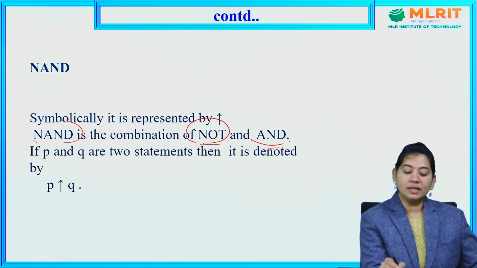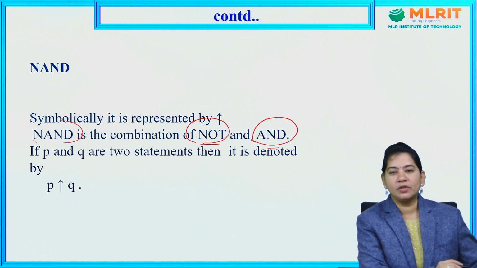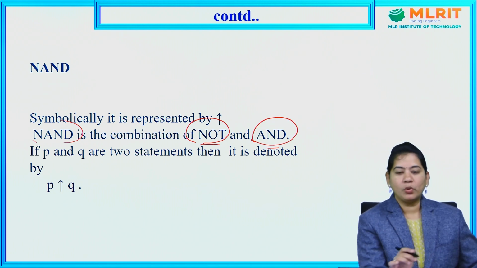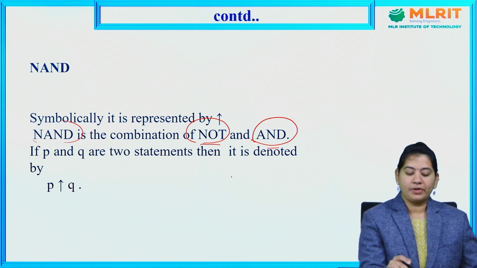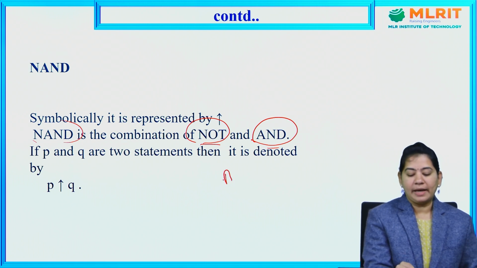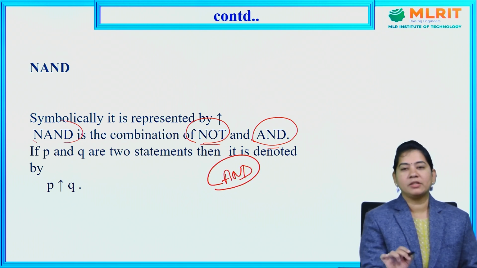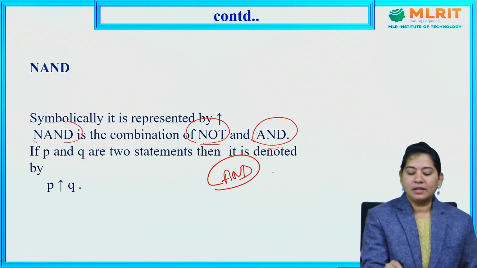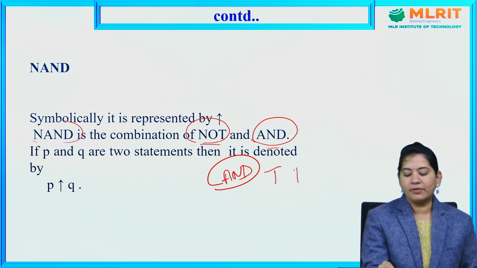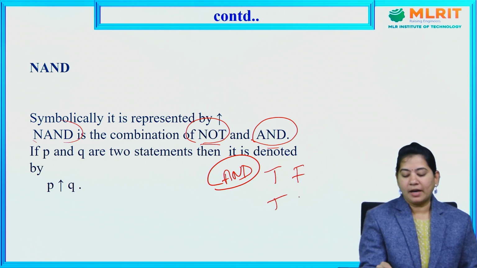And what is the rule for construction of the truth table for AND? Let us suppose we have true and true, true and false, false and false, and false and true.